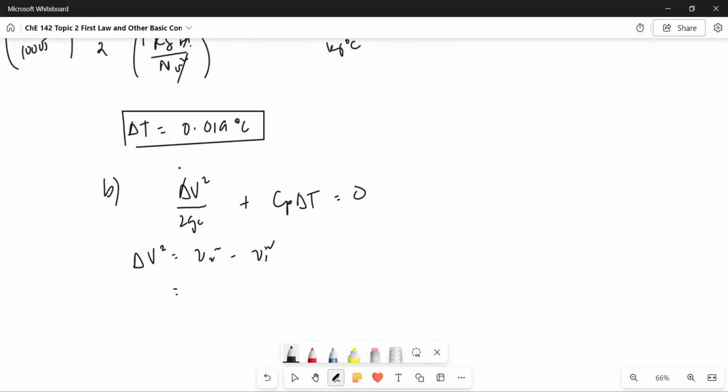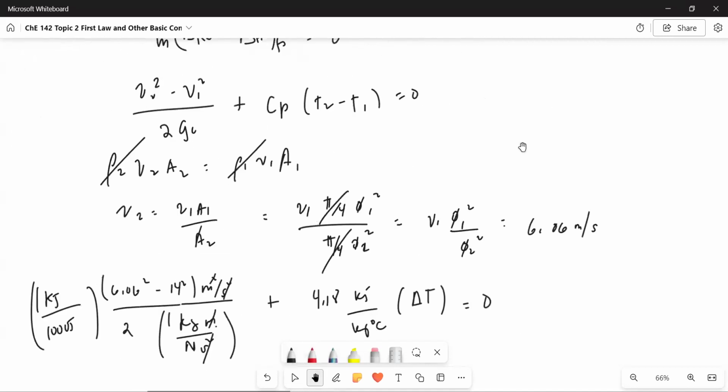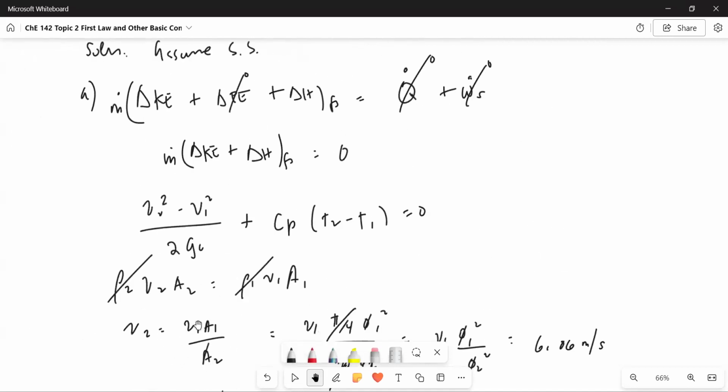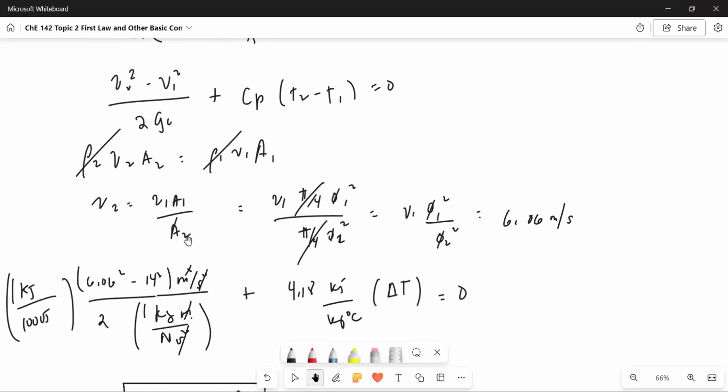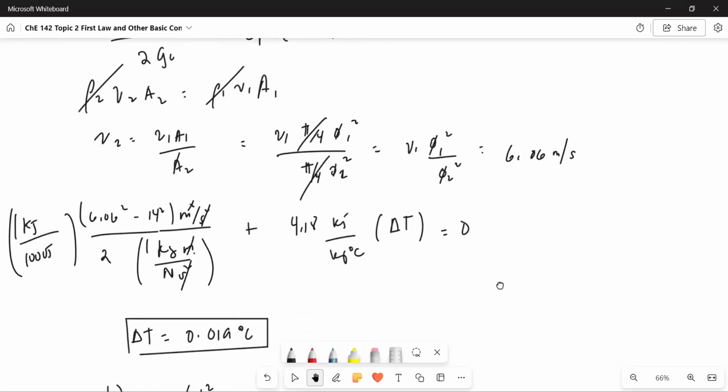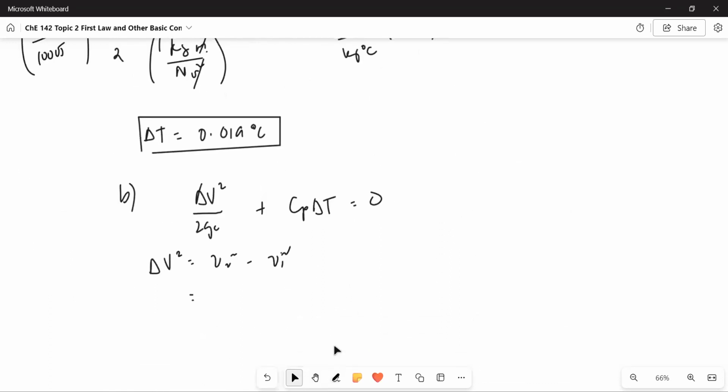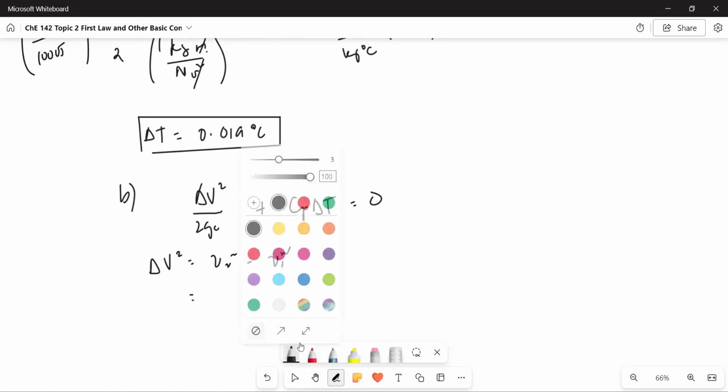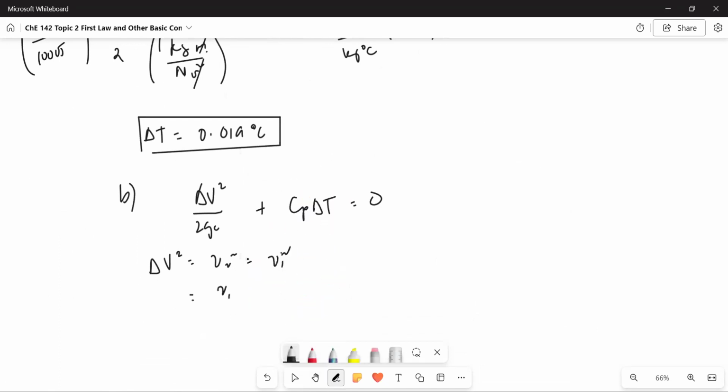But what is V2? We just square this one: V2 squared equals this one squared. So that is V1 A1 over A2 quantity squared minus V1 squared. We take out V1 squared from the two terms, that is A1 over A2 squared minus 1, right?